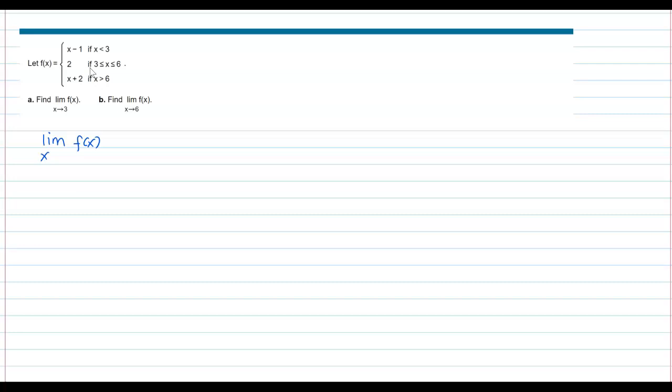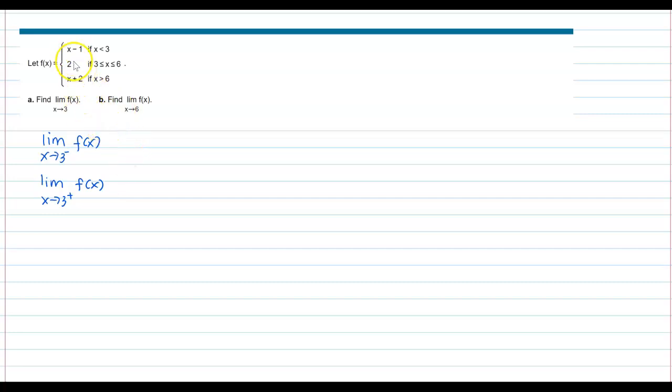So when you take the limit, you will have to consider the limit from the left, as x approaches 3 from the left. And you also get the limit of the function as x approaches 3 from the right. Now, if you get the same value here, then that limit exists and it's equal to that number. If you get 2 different values, that means the limit does not exist.